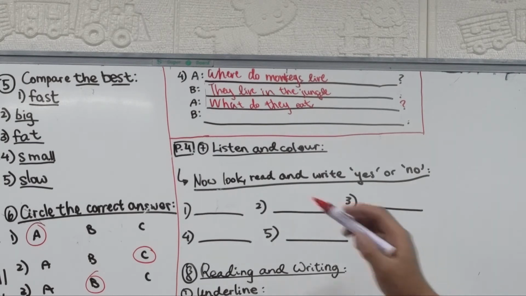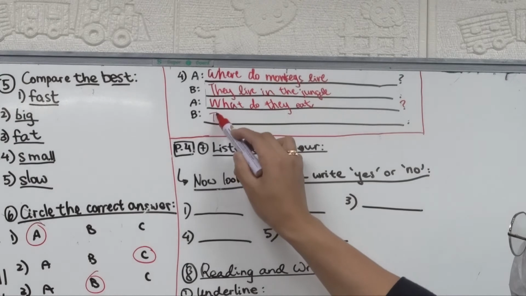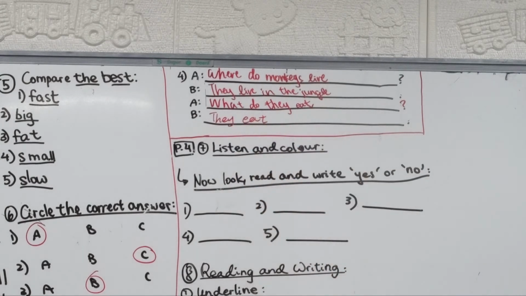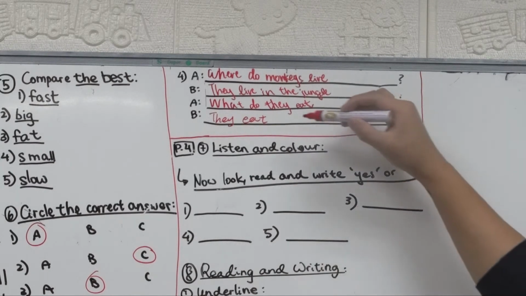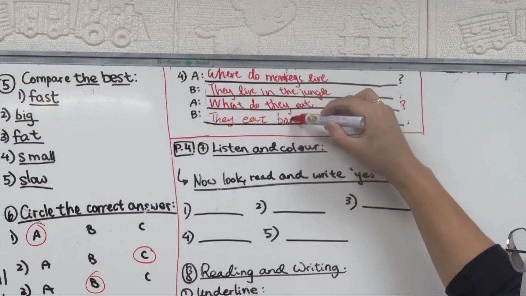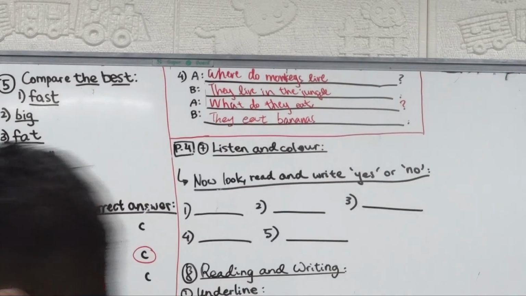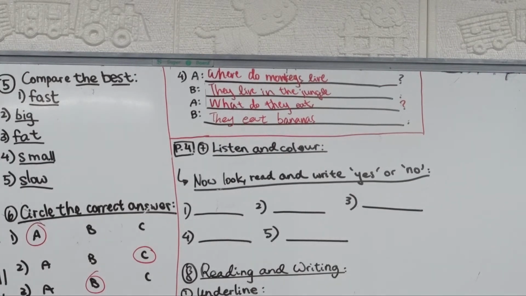And then you answer with they eat. What do they eat in the jungle? Bananas, right? They eat bananas. Alright, what time is it now? They eat bananas. Okay.